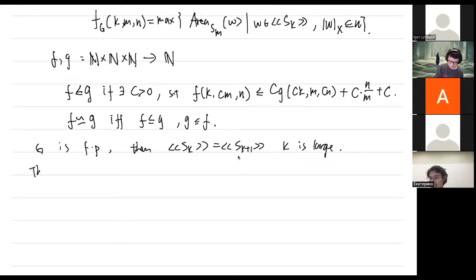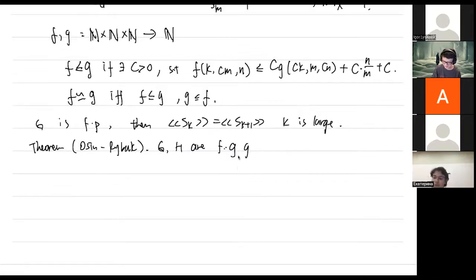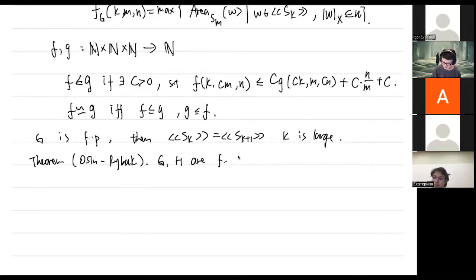So here's the theorem. I think it's by Olshanskii and Rybak, hopefully I pronounce it correctly. If G and H are finitely generated groups, we define this equivalence class because we want nice behavior under quasi-isometry.